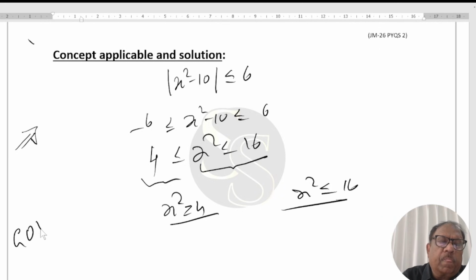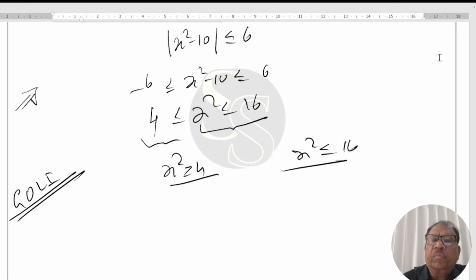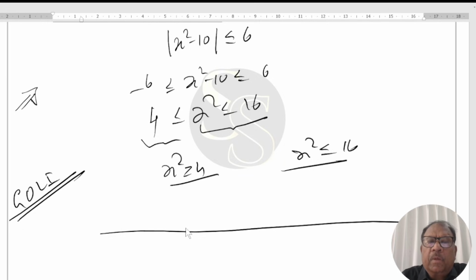Golden concept: greater is outside, less is inside. To ye line banegi hamari like this, -4, +4, yaani ki x less than or equal to 4 and greater than or equal to -4. This is -4, this is +4.